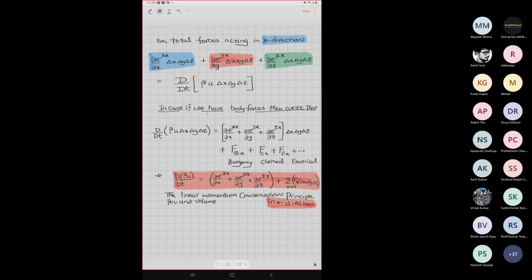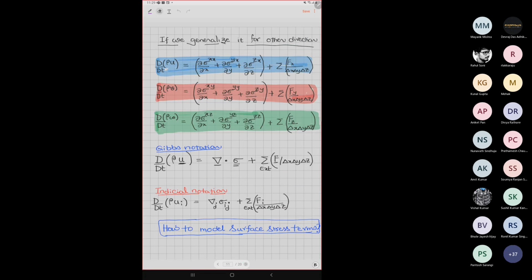Once we write that, I would like to generalize it for different directions. Maybe I would like to write it for the y direction. So the u component I have to replace by the v component. And for the surface stresses, I have to look at the forces in the y direction. So the direction of force is always the second subscript, y direction.